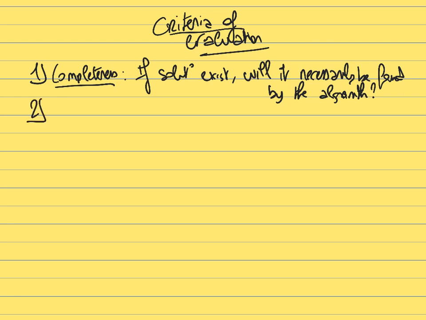The second criterion is the optimality. The optimality of a search algorithm is: if it finds a solution, is it guaranteed to be the optimal one or not? Will it find the shortest path to go from the initial position to the final position? Or will it just find a solution that is not guaranteed to be the shortest possible path?